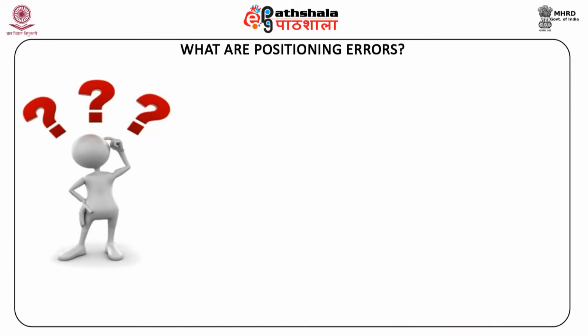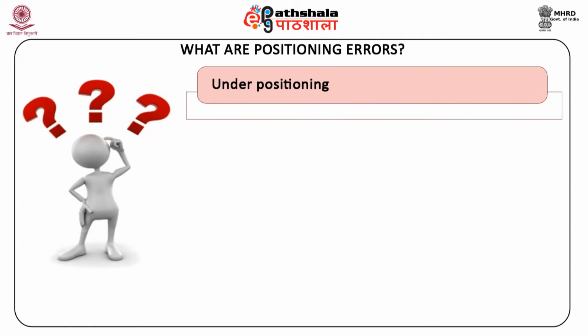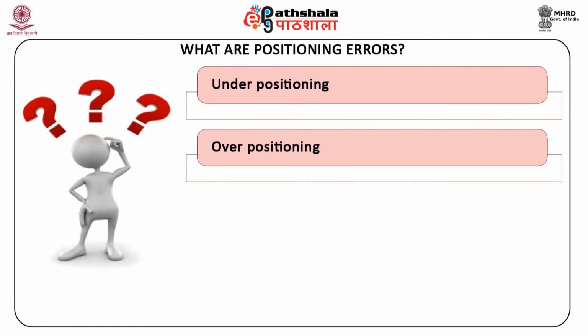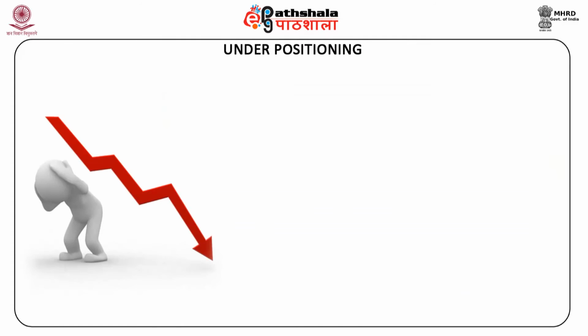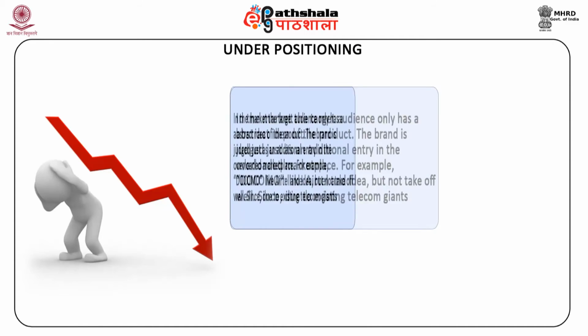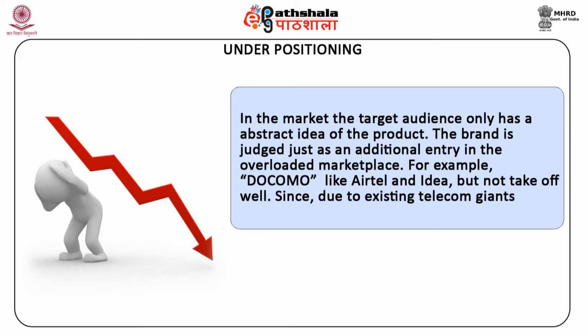Next, we will discuss positioning errors. The various types of positioning errors are under positioning, over positioning, confused positioning, and doubtful positioning. Under positioning: in the market, the target audience only has an abstract idea of the product.